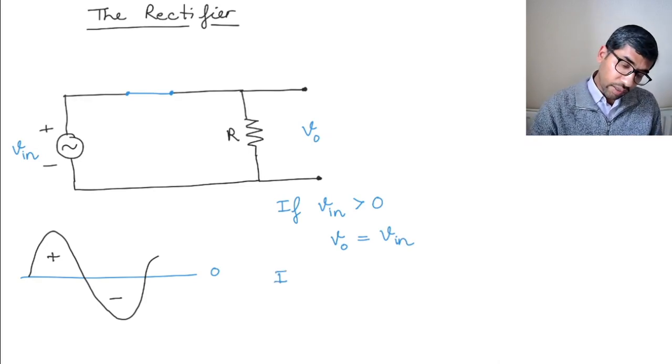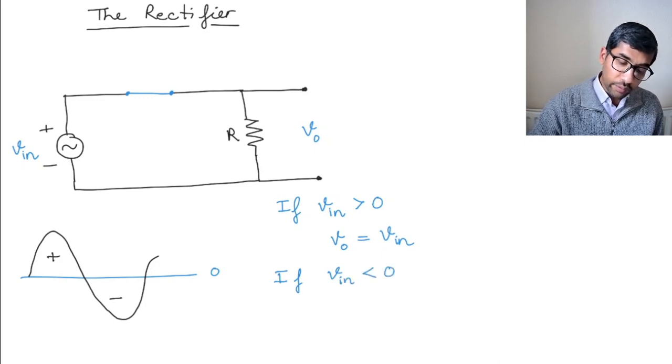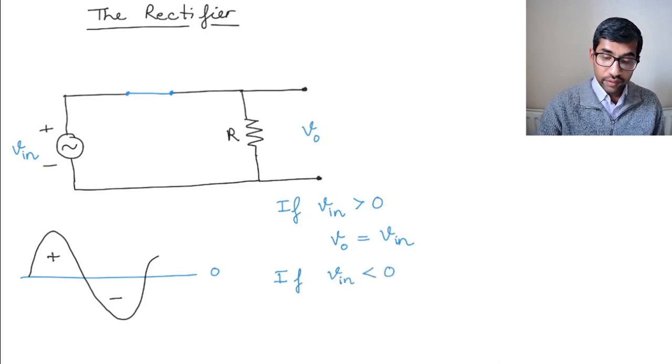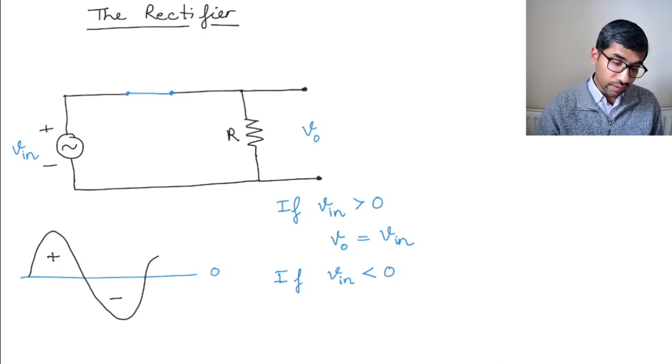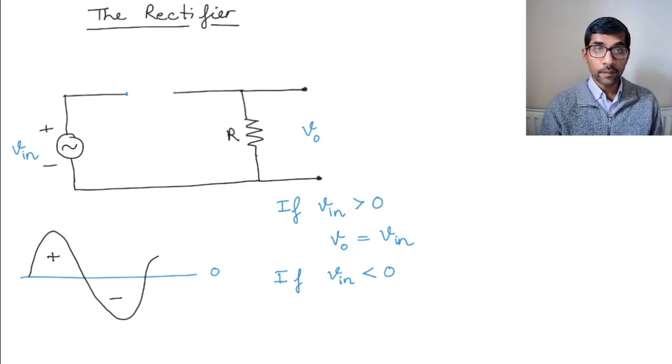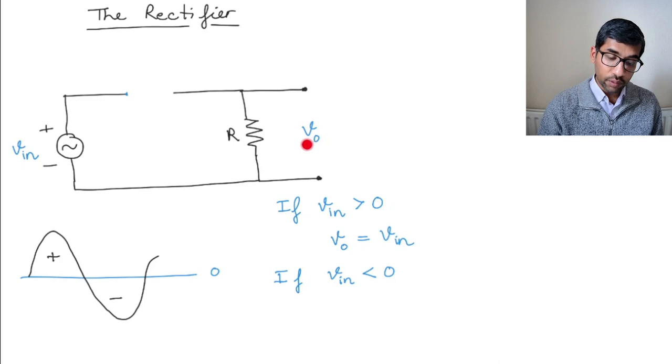What happens if V in is less than 0? Then instead of the diode being in forward bias, the diode is going to be in reverse bias, and there is going to be no current flowing through this resistance.